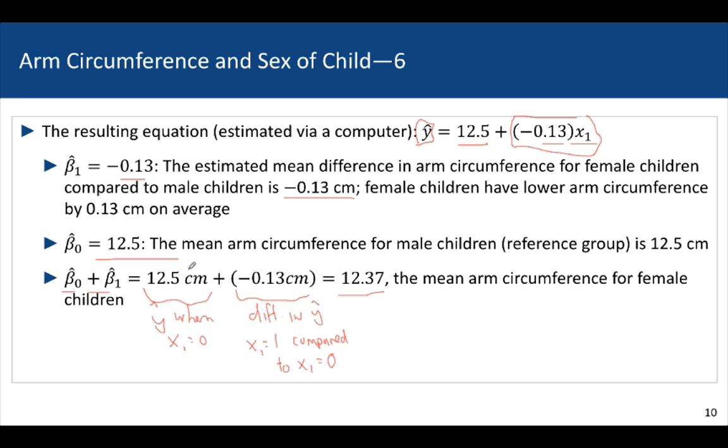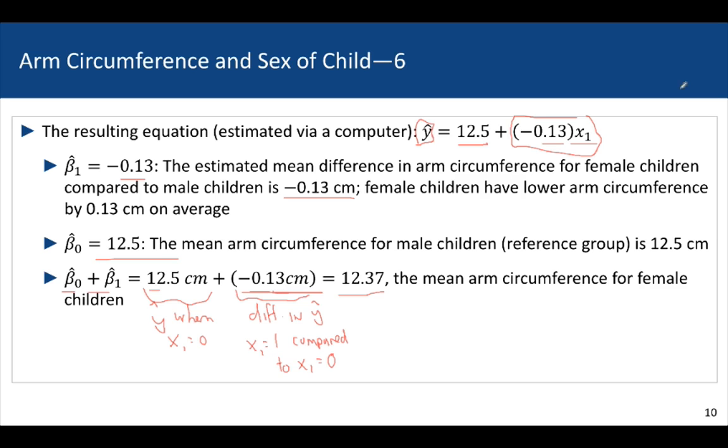So males have an arm circumference of 12.5. Female arm circumference on average is 0.13 centimeters less. So when we add negative 0.13 to that 12.5, we get 12.37, the mean arm circumference for female children.